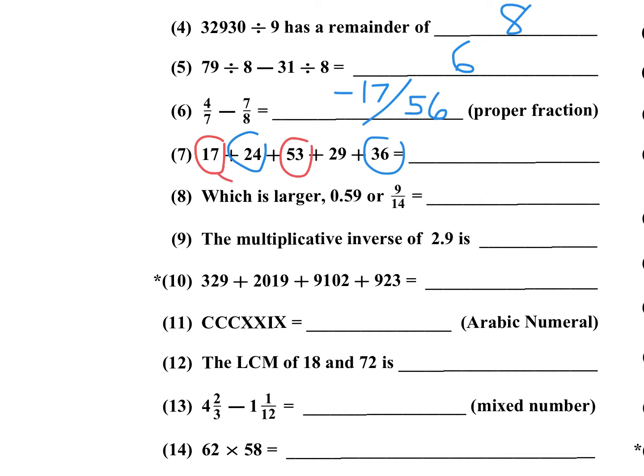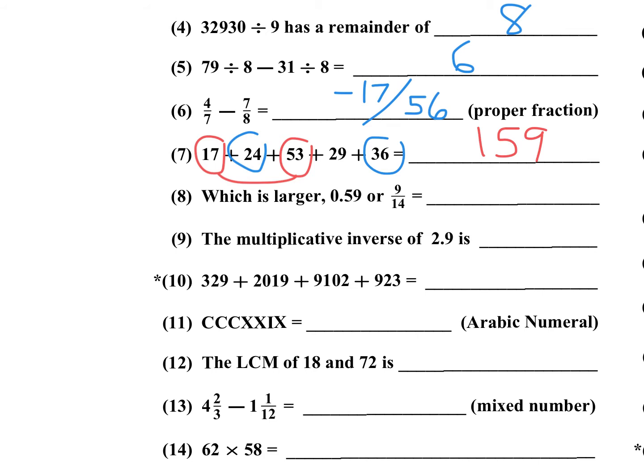If you add 17 and 53, that's going to be 70. And then you have 24 plus 36, that's 60. So you have 60 plus 70, that's 130. 130 plus 29, that's 159. And of course you could add all the ones together and then all the tens and you get the same answer.